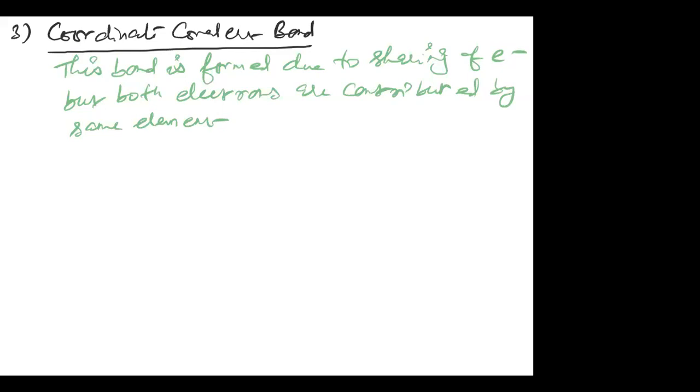For example, if A has one electron, B also has one electron, the two can form a bond due to sharing of electrons. So the electron of A gets shared and simultaneously the electron of B gets shared. So A has one electron, B has one electron, and now between A and B, two electrons get shared between them.